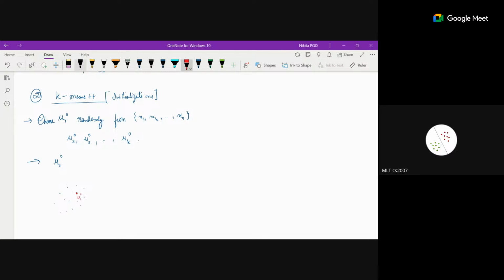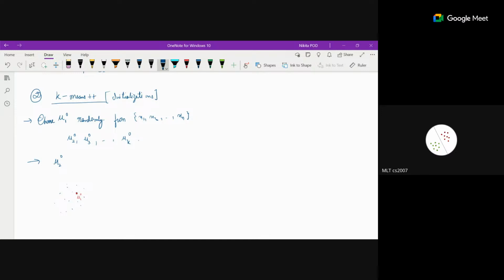Then the idea is that my mu2 not should be chosen in such a way that it is as far from mu1 not as possible. Okay, that's the idea. We want to do that. So how do we then find mu2 not?